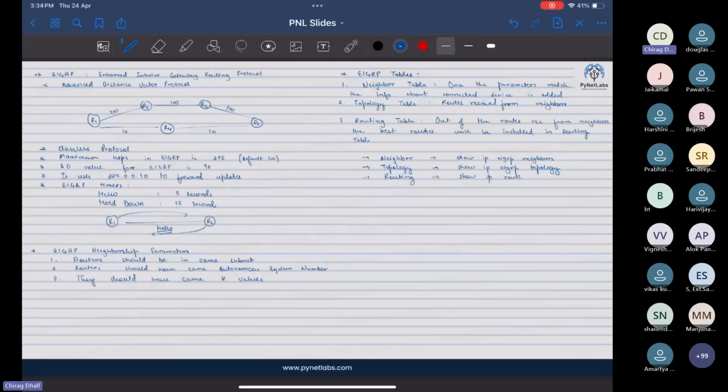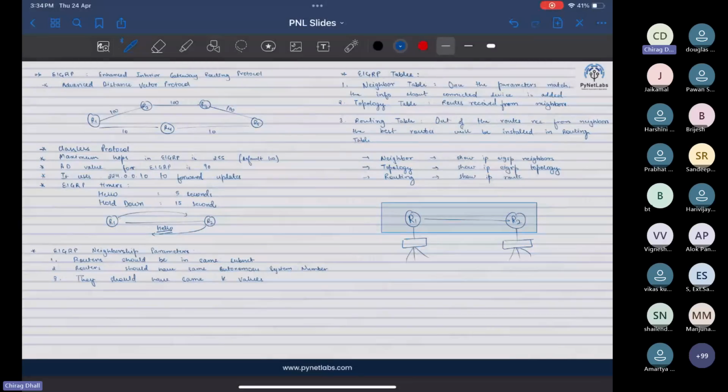Now we'll do a small lab to understand what we have learned so far about the characteristics, where I'll create a small topology R1 connected to R2, a switch with some end devices, another switch with some end devices, and we'll try to connect them with EIGRP.